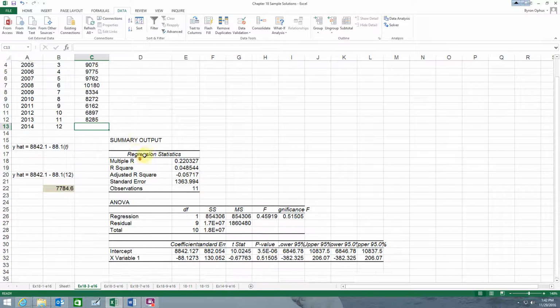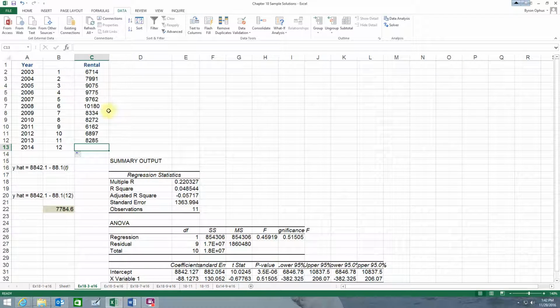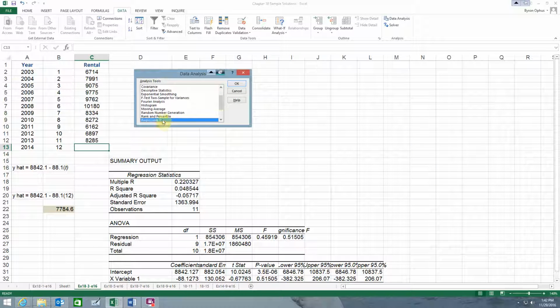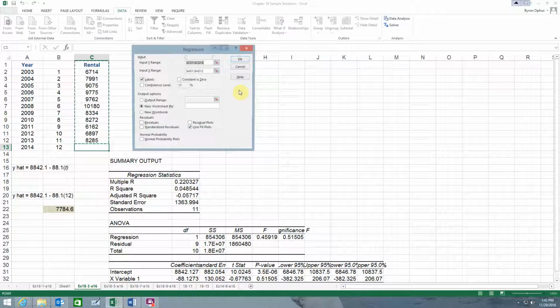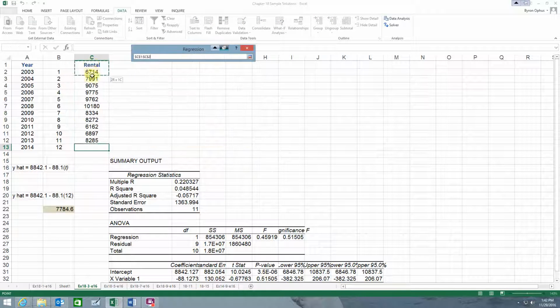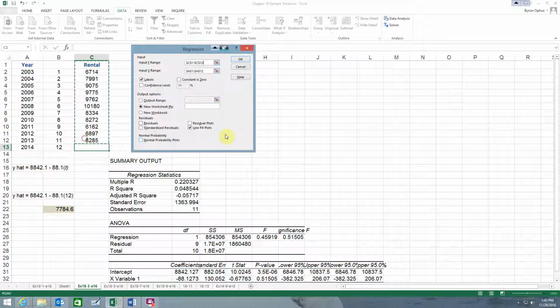So we've got a regression here. Let's go ahead and do our data analysis, and we're going to use regression here. Click OK. Our Y input is this, and our X input is this.